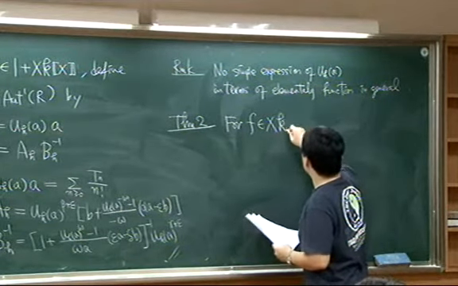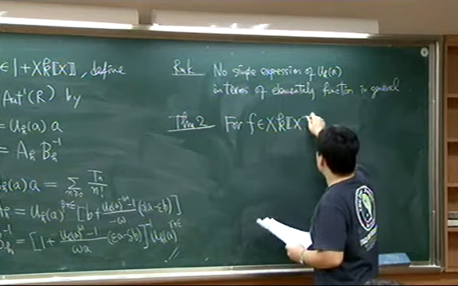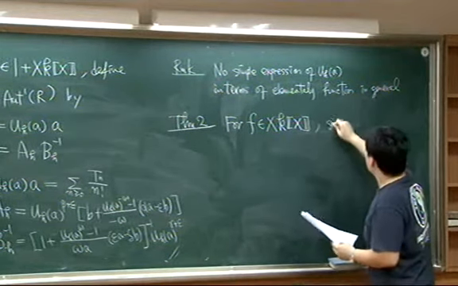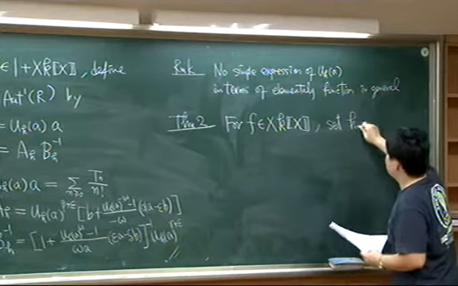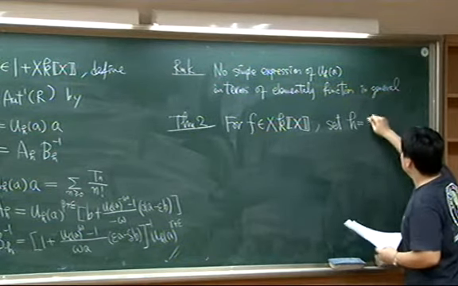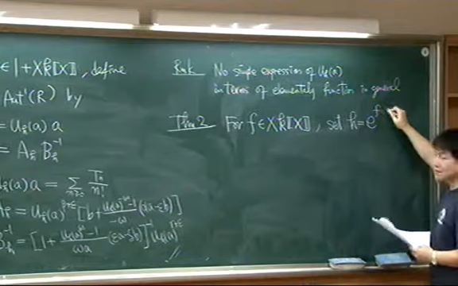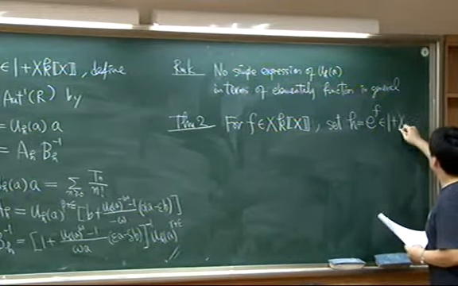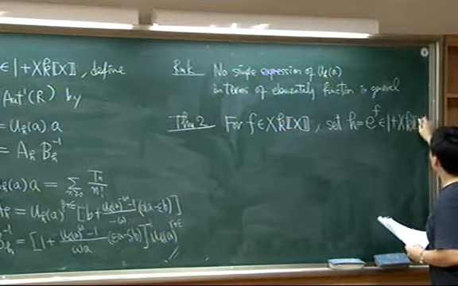For any power series F without constant term, set H as the exponential of F. This is an element of this space.